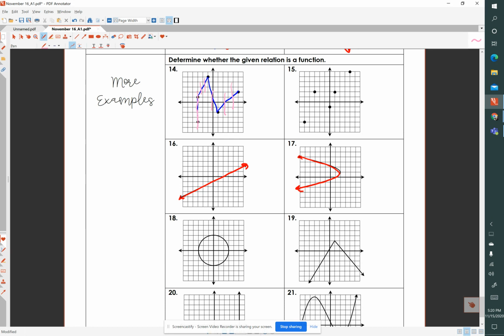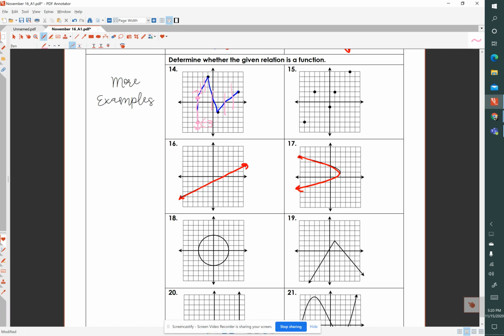And right here, I have a vertical line that basically overlaps the first step of this graph, which goes from -4 to +1 on the y value, but both of them have an x value of -3. So let's label these points.